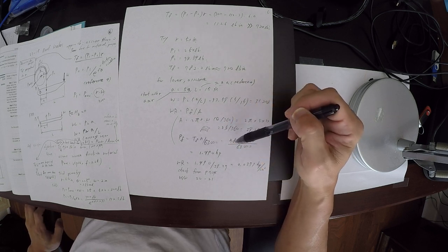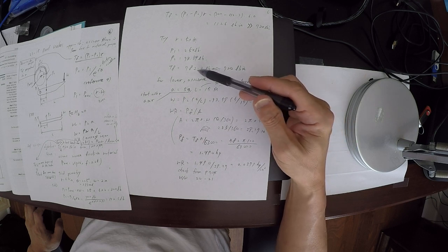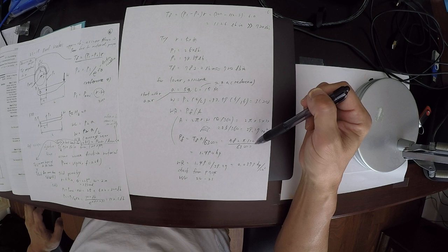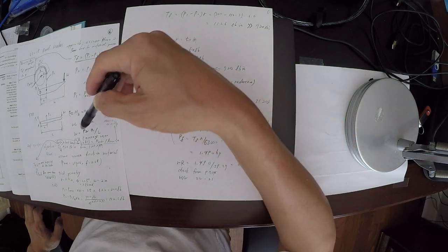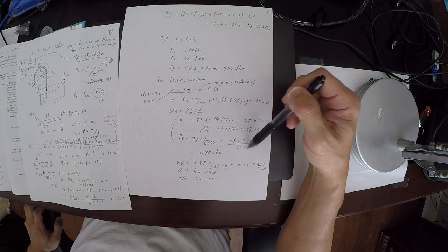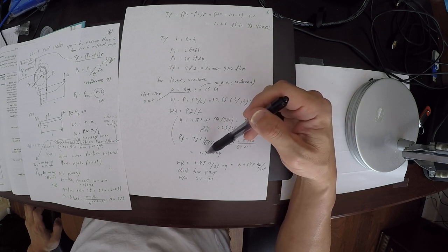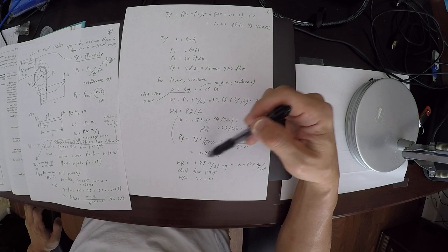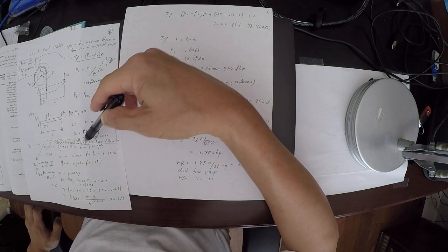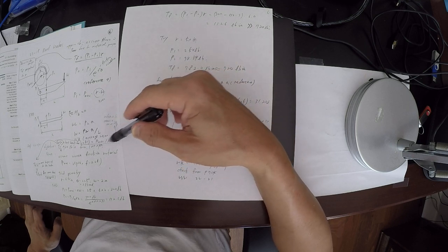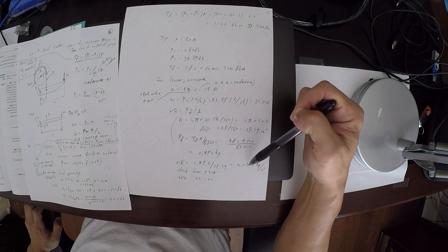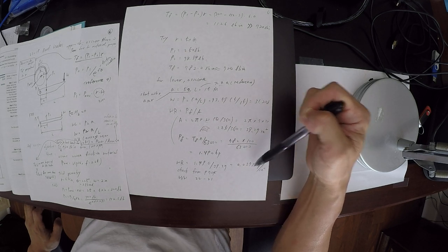So PF is going to be TF, which is given right here in the solution, times the RPM from the original problem, divided by 63,000. That gives us 1.49 horsepower. Once you have this horsepower, you calculate the average wear ratio by dividing P by A. That gives us 0.0379 horsepower per inch square.